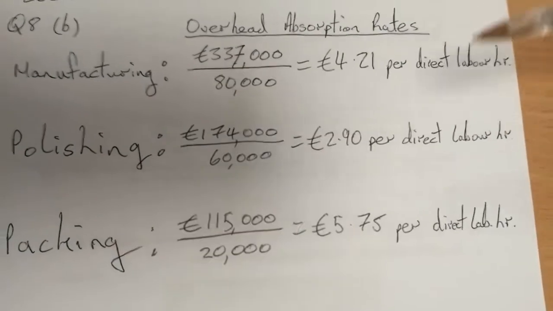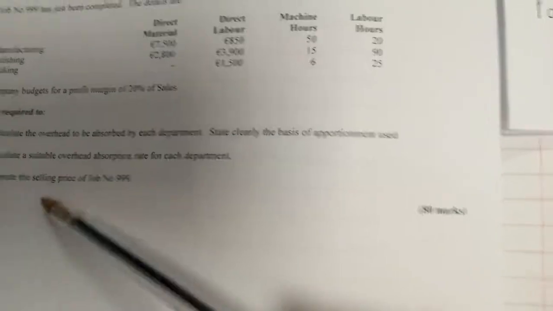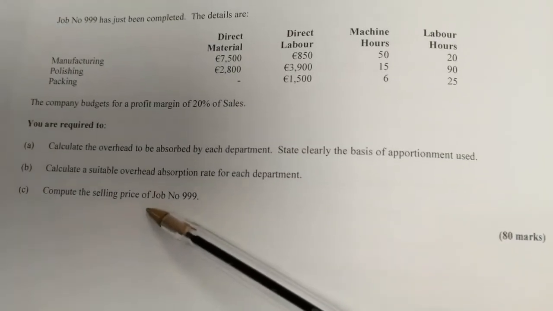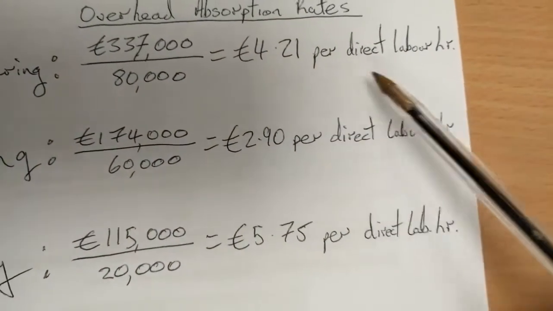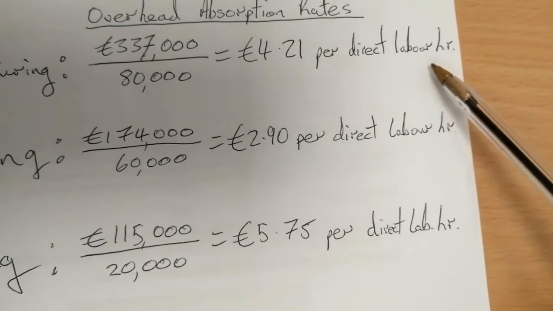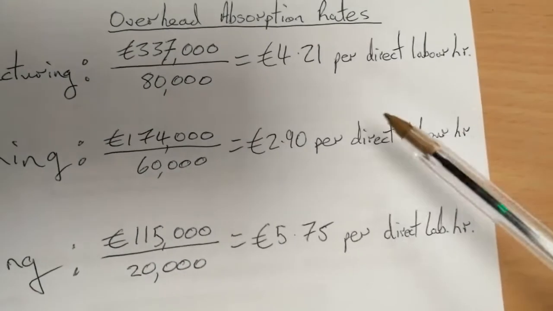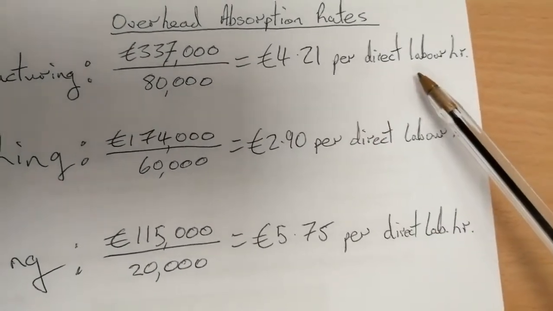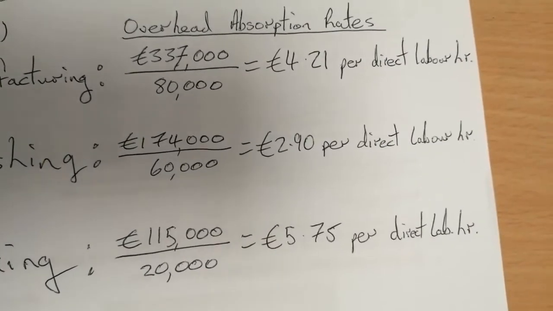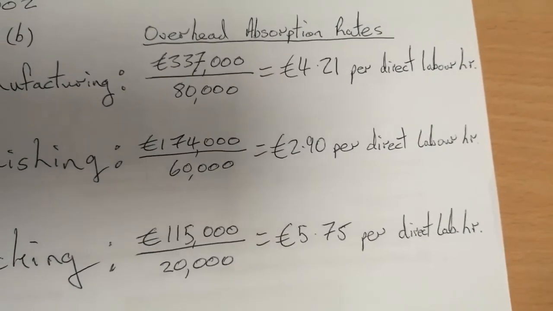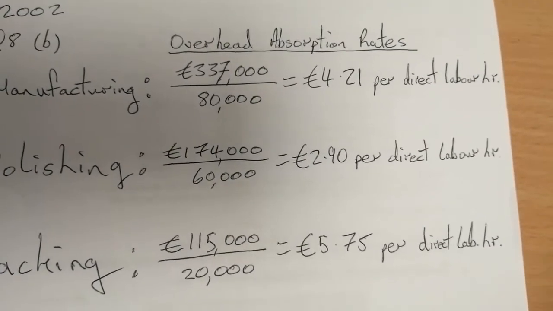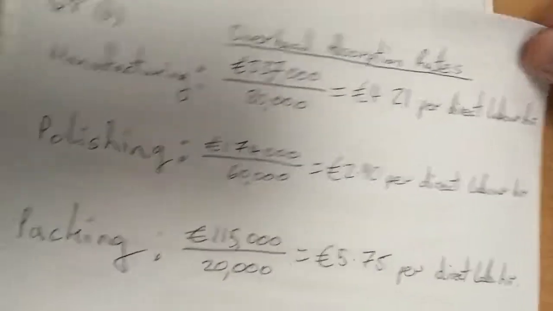But in part C, you need to use these overhead absorption rates, and they used not the 4.21 per direct labour hour, but the other figure that they got per machine hour. We're going to use this one here because it's perfectly correct, but just be warned that it will look different to the solution that you'll see if you look up examinations.ie. Okay, so let's get started with it.